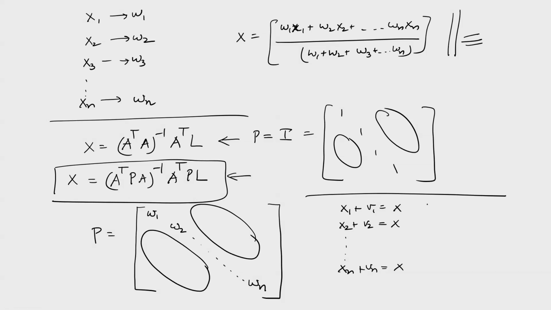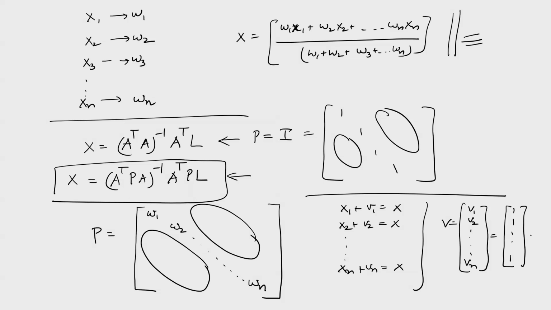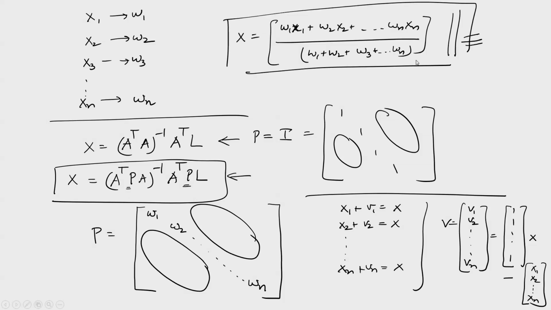So now you can construct the V matrix V1, V2, Vn in the form of the A matrix, which is nothing but 1, 1, 1 to 1 here, x here, and minus x1, x2, xn. Now you will consider the P matrix here also and here also. So check whether you get this answer or not. You should get it. Do it yourself, take it as homework.